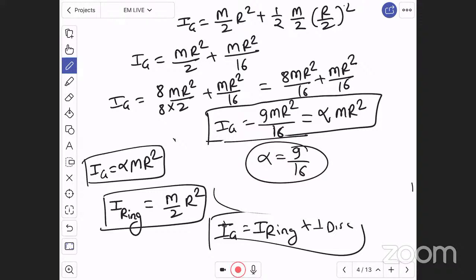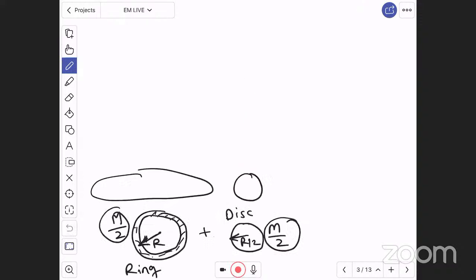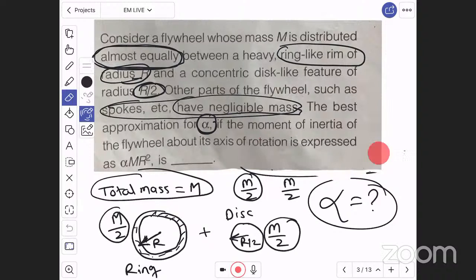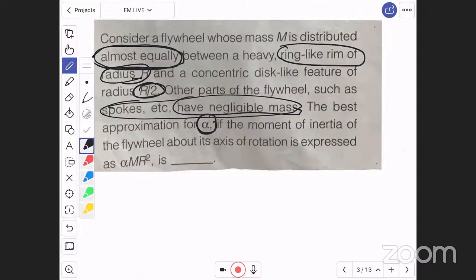तो क्वेश्चन में यही लिखा था. What is the value of alpha? Fill in the blanks. My dear students, it is a fill in the blanks question. Alpha is 9 by 16. ये fill in the blanks question है कि नहीं? Here they are asking what is alpha? 9 by 16. Now there is no provision to type 9 by 16. इसका फ्रैक्शन में जो आंसर आएगा वो आपको टाइप करना होता है.